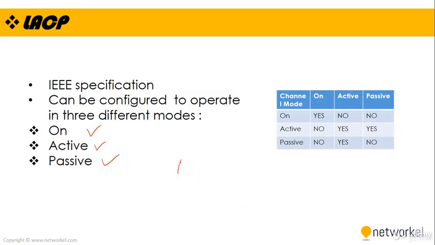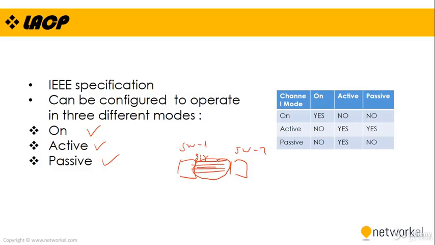For example, let's say that we have switch 1 and switch 2 again here, and let's say that we have 4 separate gig links between each other, and to create again an EtherChannel between these 2 guys by using LACP, which is an industry standard.